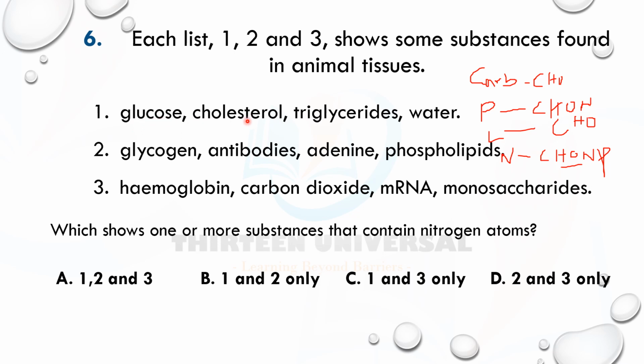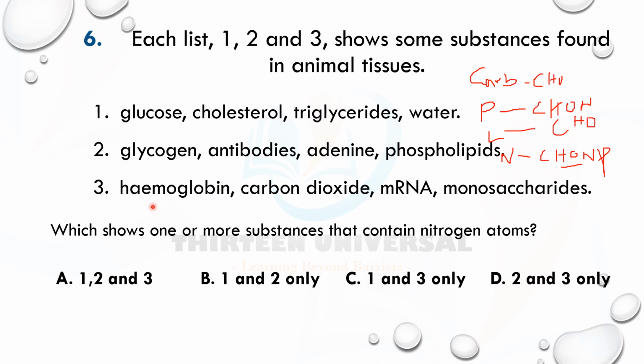This is CHO, this is CHO, so none of them has nitrogen, eliminated. Glycogen is carbs, CHO, no nitrogen. Antibodies are protein, so they have nitrogen, CHON. Adenine has nitrogen, and that is a base. Phospholipid, at least we have, yes, just CHO. Now we have two of them that have nitrogen, so two qualifies.